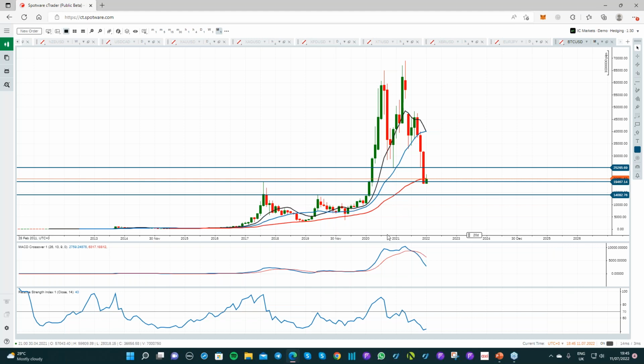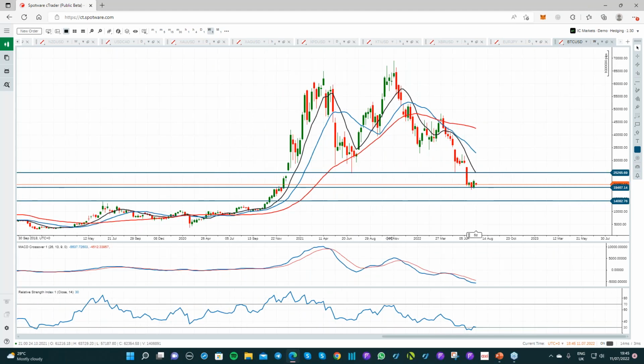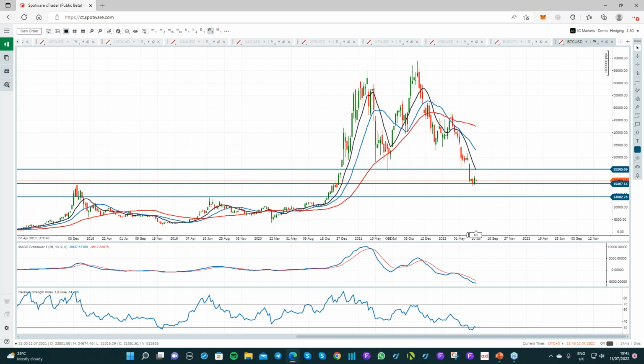Now, quite simply with this Bitcoin chart, let's go to the weekly time frame. Quite simply, there is not much support in between where price currently is and this next level down here.